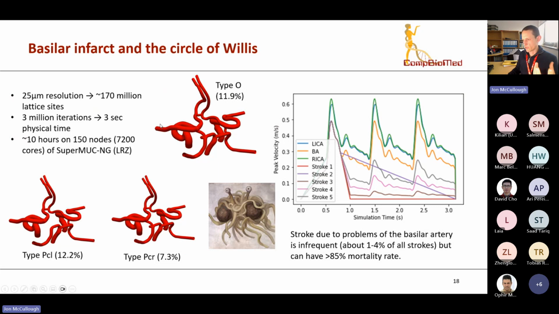However, when you survey large populations of people, maybe only 10 to 12% of the population actually present with this full geometry. Indeed, some more common geometries are actually missing one of these vessels.